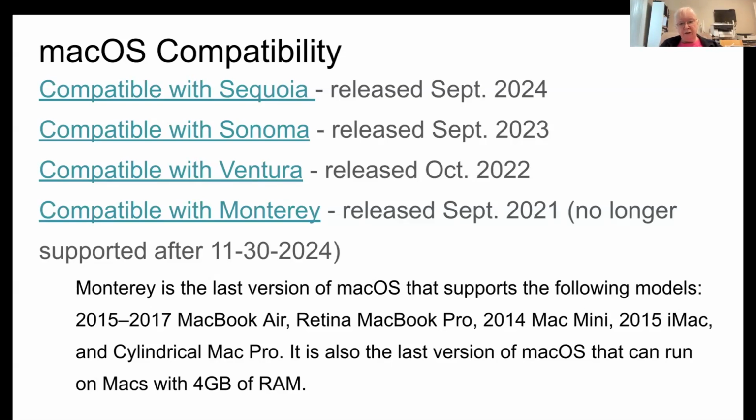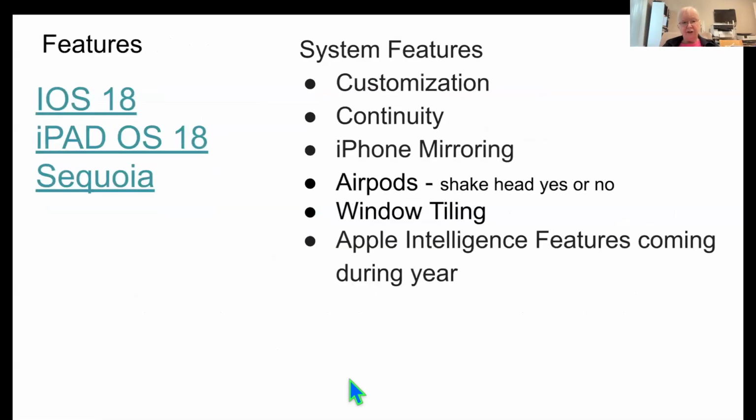But you can see that it was supporting much older machines, including the MacBook Air through 2017, the 2014 Mac Mini, the 2015 iMac, and the cylindrical Mac Pro. So it's also the last version of Mac OS that can run on Macs with 4 gigs of RAM. But that is what it is.